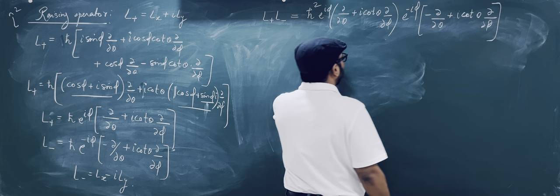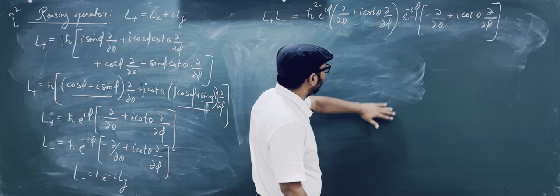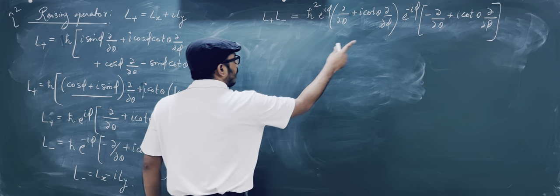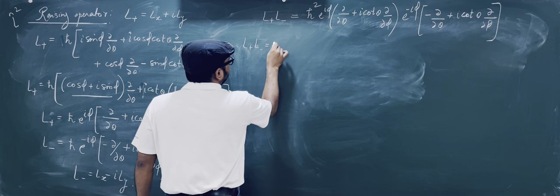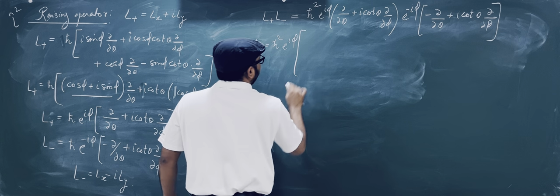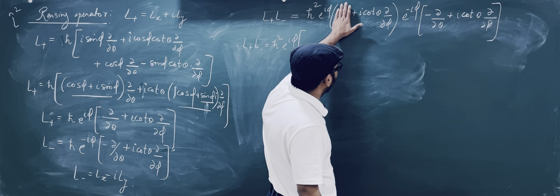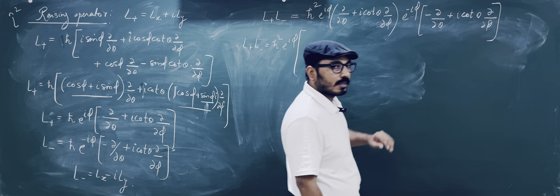So we are going to solve this thing. This is pretty bad, there will be a lot of terms here, but we can get it. L plus L minus is h squared e power i phi. So I'm going to start with this operator. Let's move this operator through this.